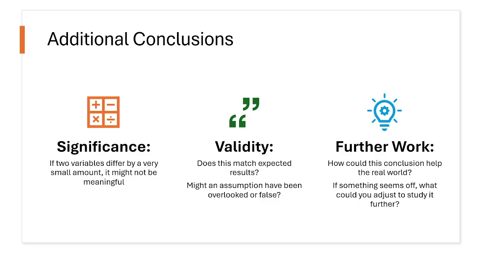Maybe we'll do more clinical trials, more tests to really solidify that conclusion. Maybe if the validity seems questionable, we'll repeat the tests to see if further trials get the same result. Given the result that you get, what would you do next? That's the main thing.